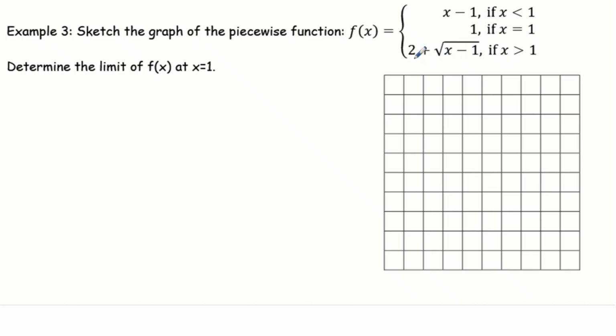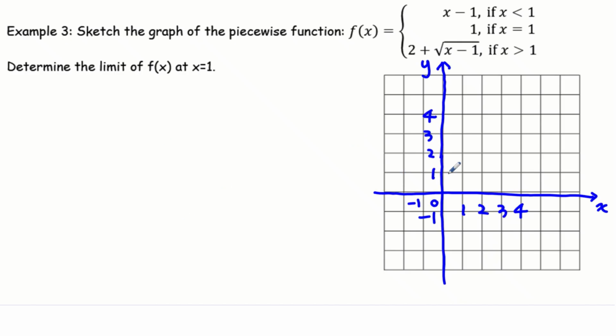So we are going to sketch it, and the first one is just a straight line. So I label the x, y axis and label the scale, and after that x equals 1, y equals 1 is a solid dot for this piecewise.